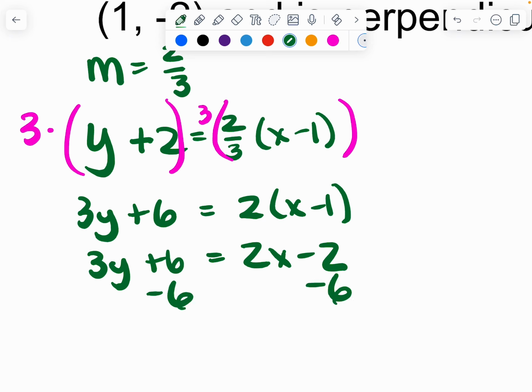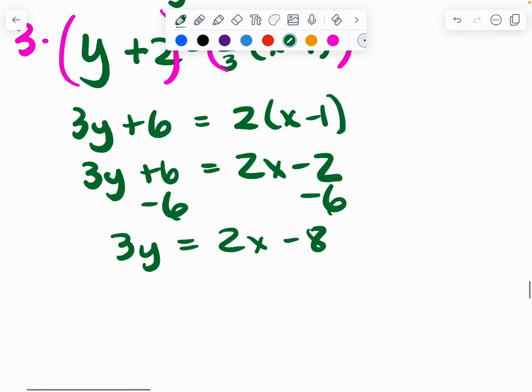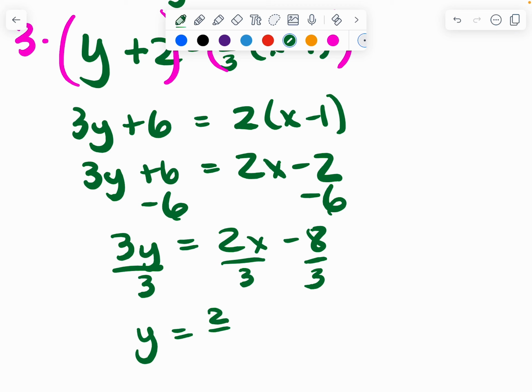Subtract the 6. 3y equals 2x minus 8. Divide everything by 3. And y equals 2/3 x minus 8/3.